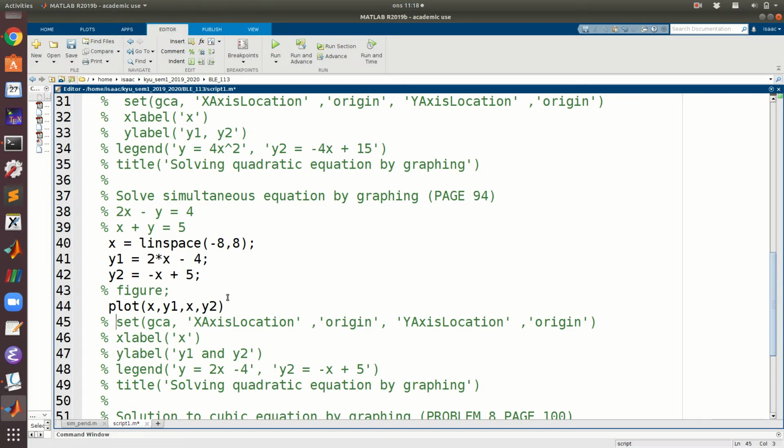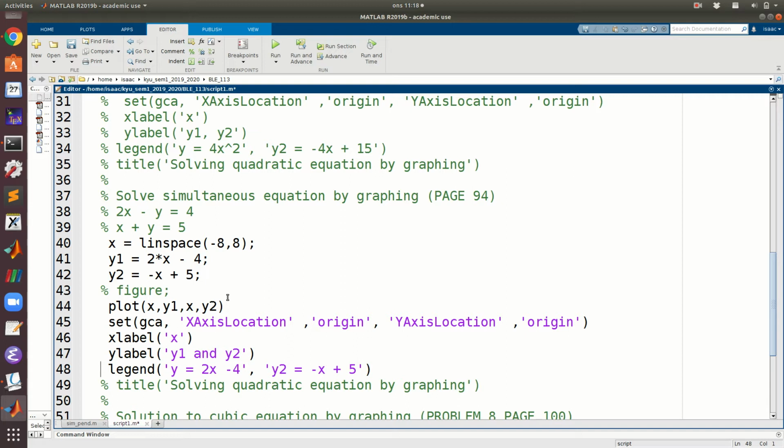The rest here we know: we set the x label, the y label, and we put our legends to differentiate between these lines. Again, I was just doing a copy and paste. This is not solving the quadratic equation, rather this is solving the simultaneous equation by graphing. So lastly let's run that and see.